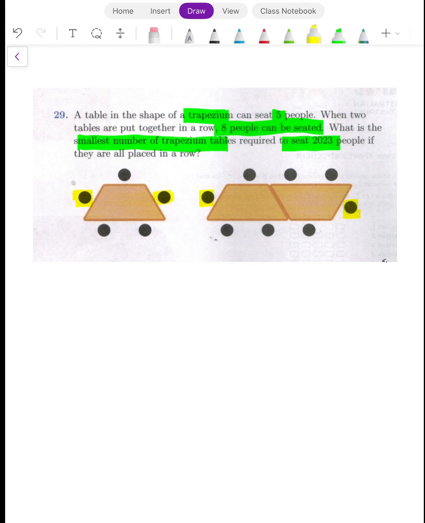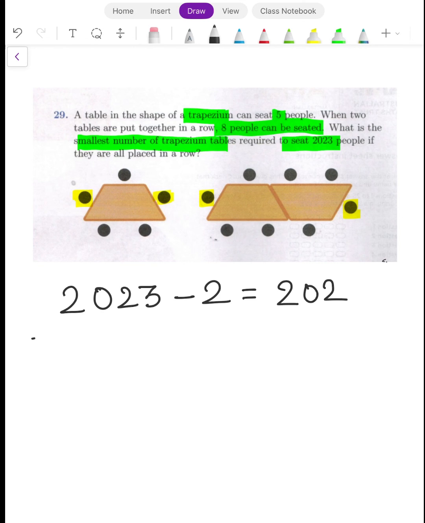There will always be these two people sitting on either side. So in our question, 2023, again, there would be two people sitting on these two sides. So we can take those two people away. So we are worried about 2021 people. Those are the people we have to get seated. So these two people will be seated anyways.